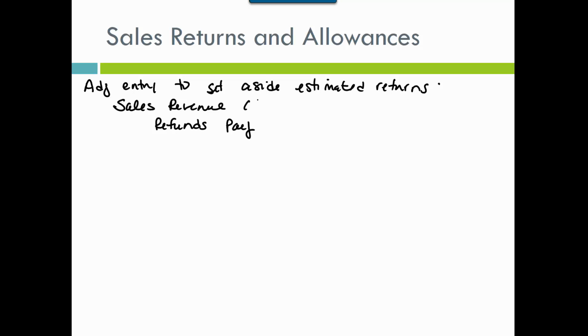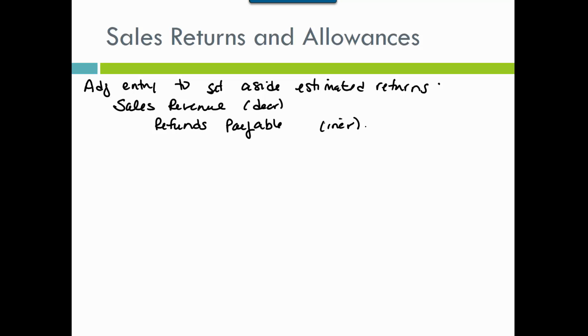So if I'm debiting that, I am decreasing that. And so I don't want to overstate my revenue account saying that I'm expecting to receive this if I know some of it's going to get returned. So I decrease that. Refunds payable, because it has payable in the name, it's a liability. So I am increasing that in order to set that money aside. I'm going to owe these people some money back, which is why it's a payable account.